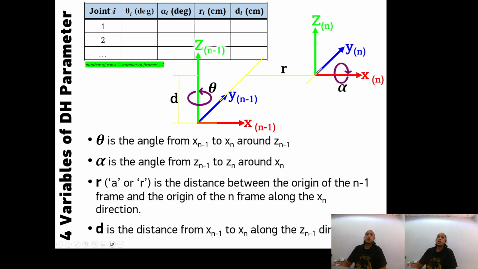This is the joint, this is the theta in degrees, and this is the alpha in degrees, and this is the r in centimeters and d in centimeters.